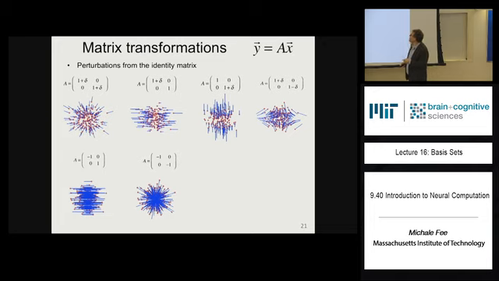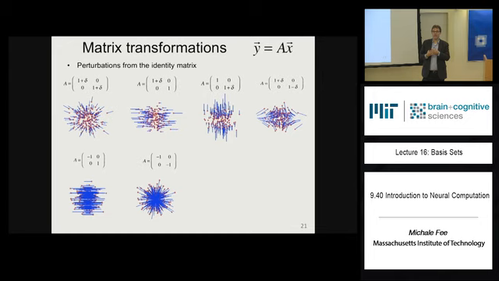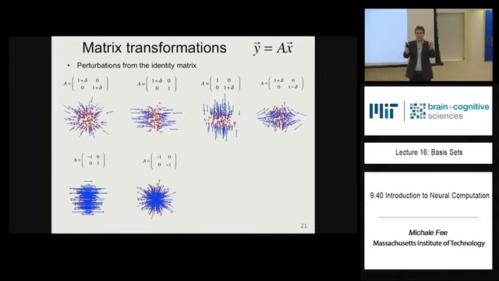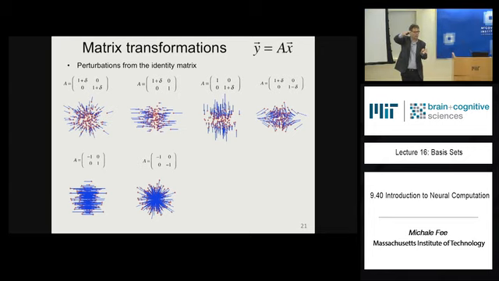But one really important kind of transformation that we need to understand is how you can produce stretches in an arbitrary direction. Okay, so not just along the x-axis or along the y-axis, but along any arbitrary direction.